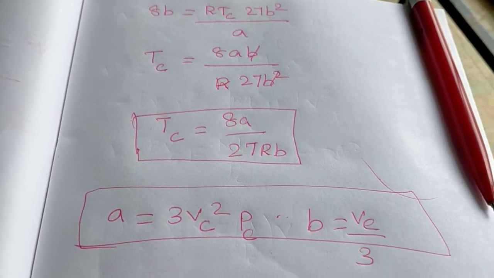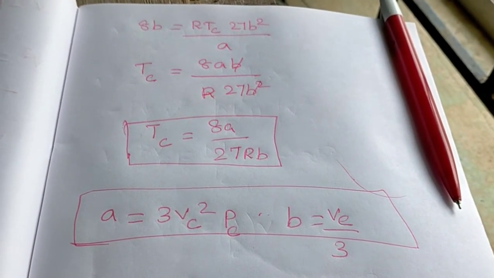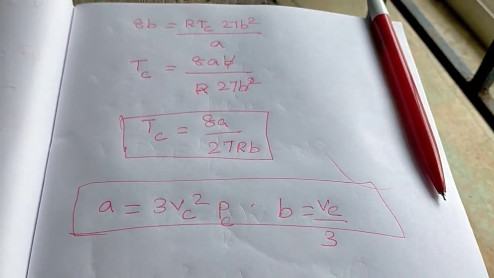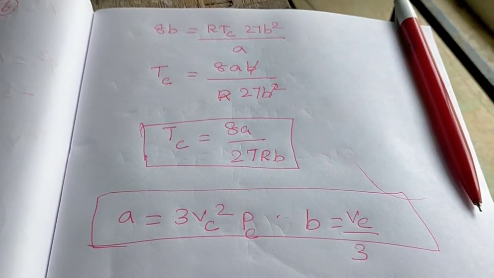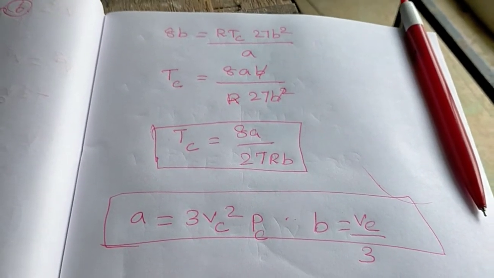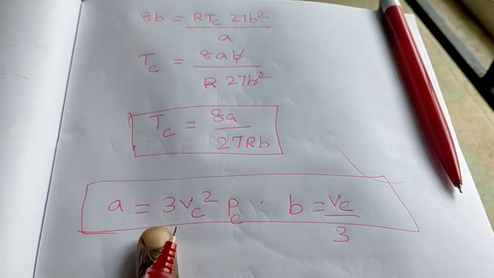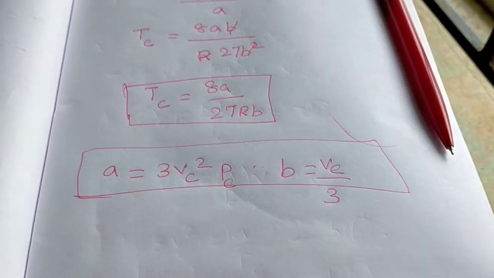This question is an important one. They can ask the question like to derive the critical constants from the van der Waals constants, or the critical constants from the constants A and B. Okay, you should write that in full up to this equation. Thank you, students.